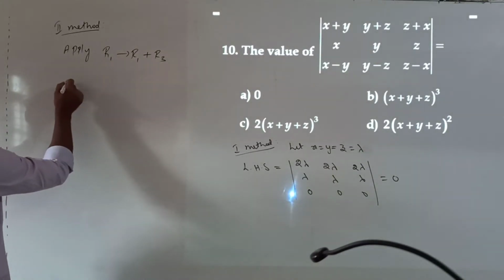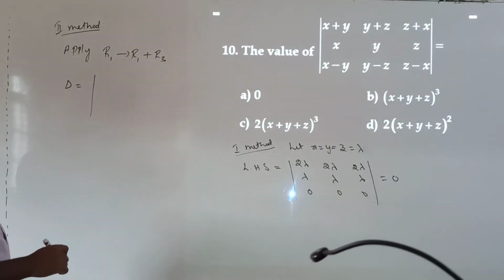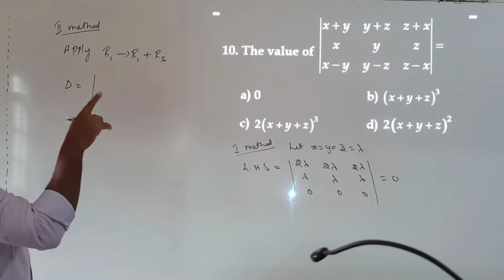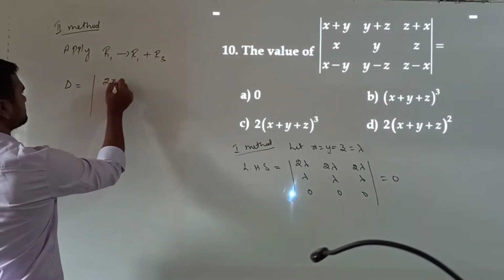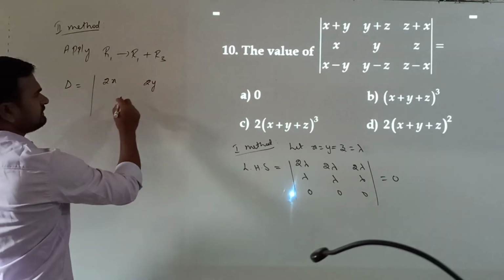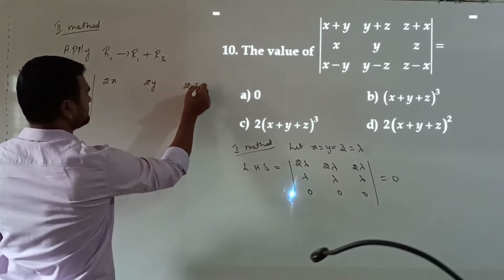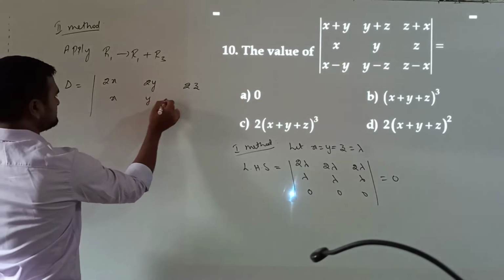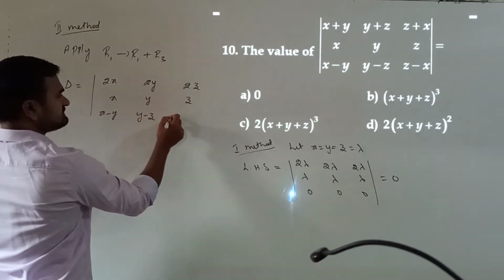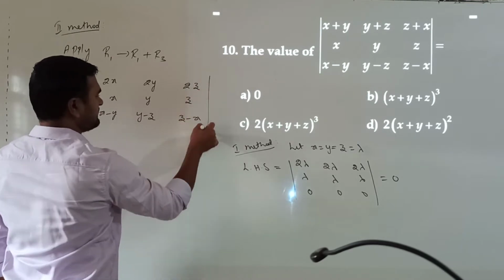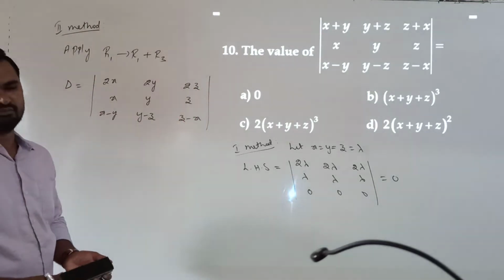So applying that operation, what will be the determinant we can write? R1 is R1 plus R3. So it will be 2x, 2y, 2z, x y z, x minus y, y minus z, z minus x. This is the given element.